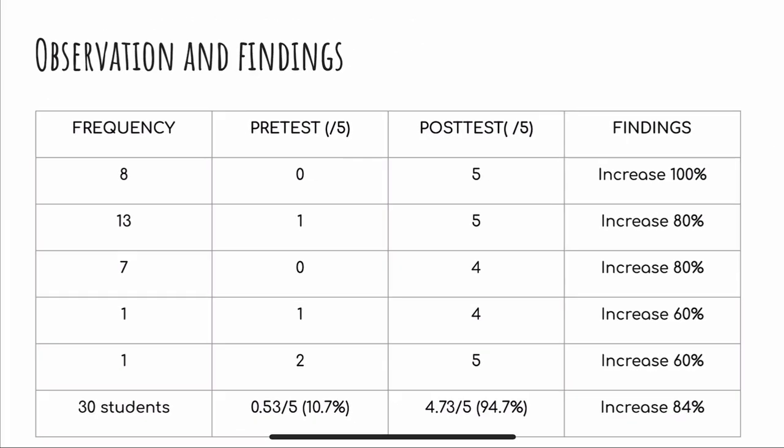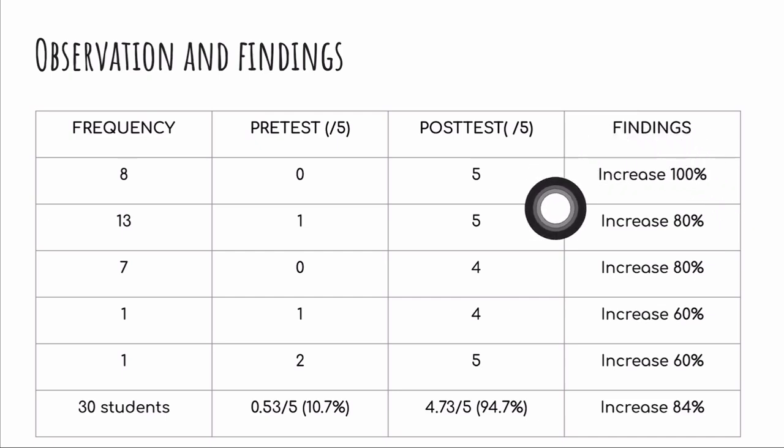For observation and finding, we compared the result of the students in their pre-test and post-test performance. As we can see here, 8 out of 30 students scored 0 in their pre-test question, and all of them scored 5 out of 5 in their post-test questions.